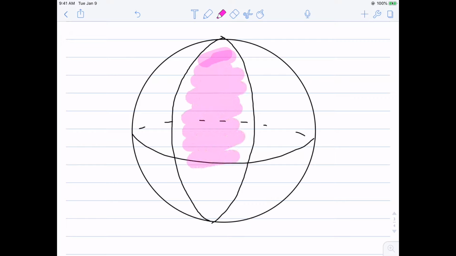It's where the two hemispheres intersect, and this is known as a lune. It's always the smaller of the two intersection pieces. So I do have this highlighted section as intersecting, but also have the entire outside and back of the sphere. So we do pick the smaller of these two pieces.